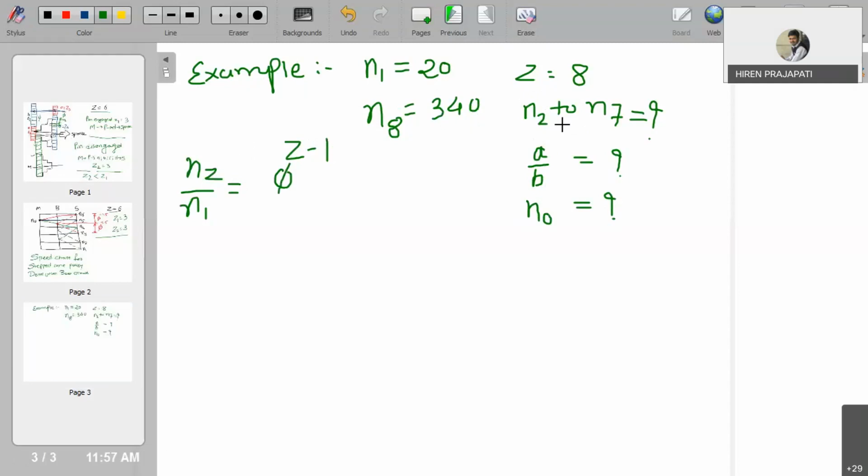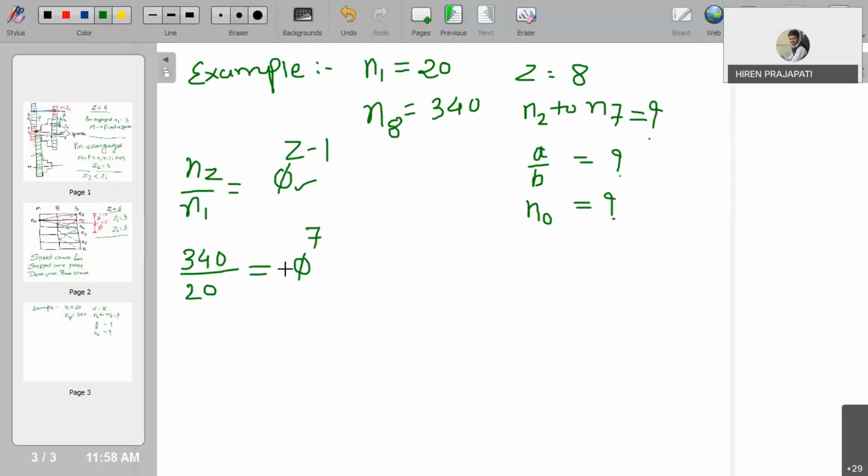So to find out these intermediate speeds, first of all we need to find out this phi. So nz means n8, that is 340, divided by n1, which is 20, is equal to phi, and as a power we have 8 minus 1, means 7, right?